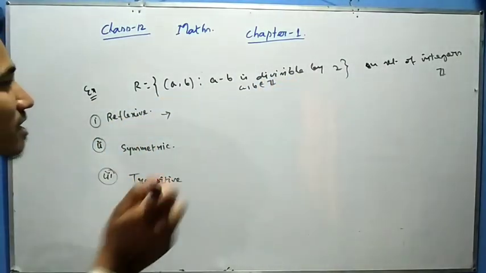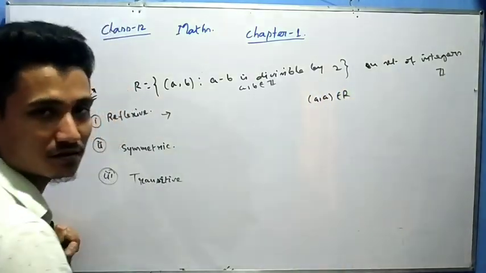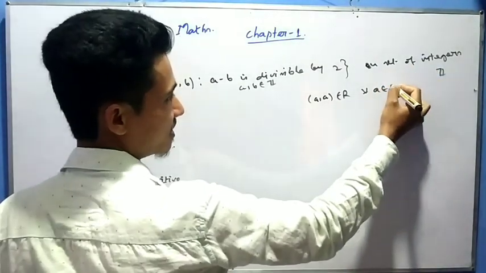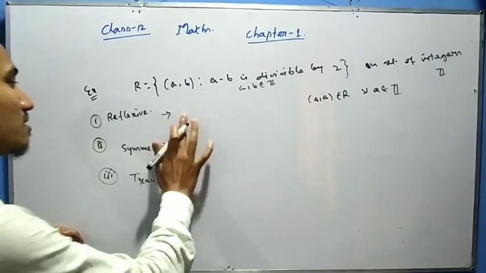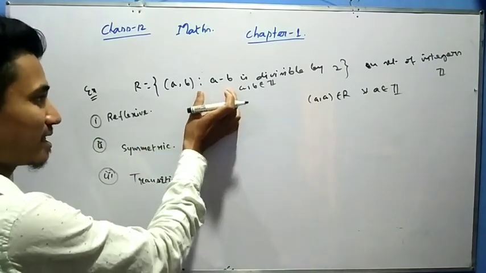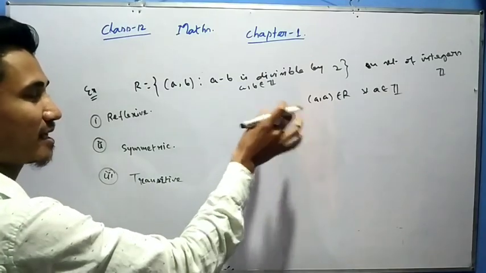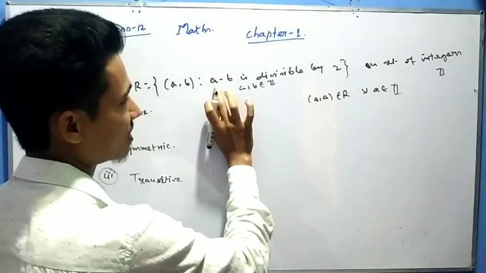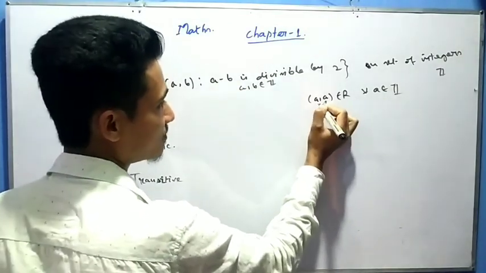For the reflexive property, we know that A comma A belongs to the relation for every A belongs to the set. Now the set is defined as Z, the set of integers. For A comma A to belong to R, we have to satisfy the manner, that A minus B, their difference, must be divisible by 2.